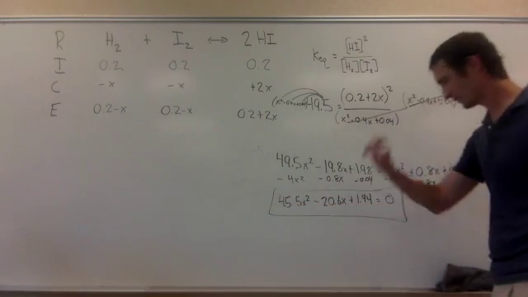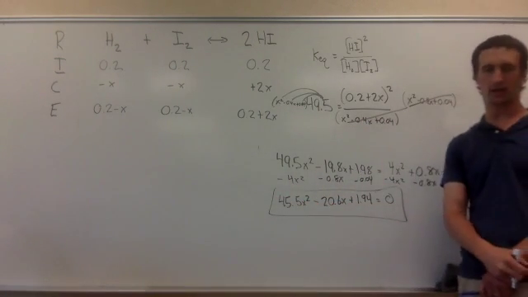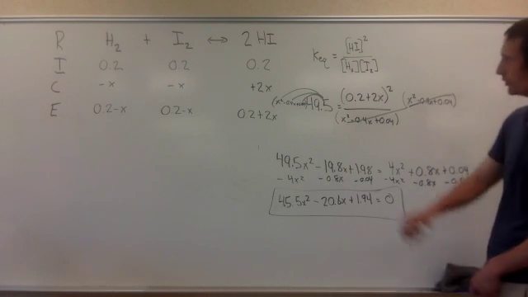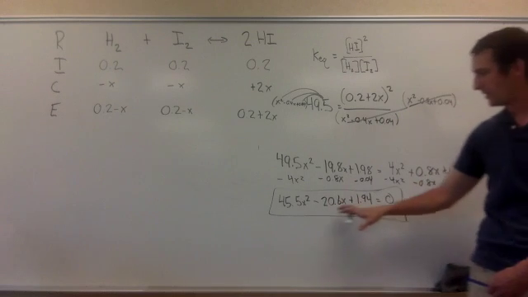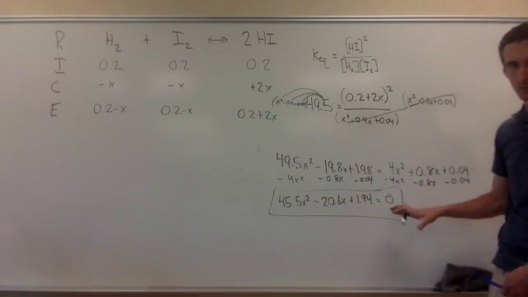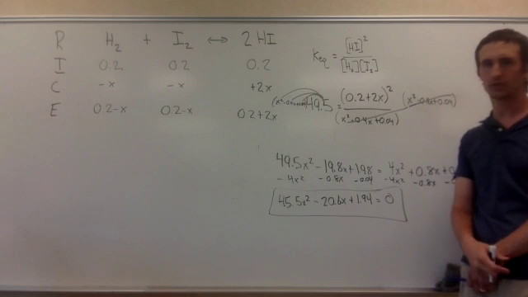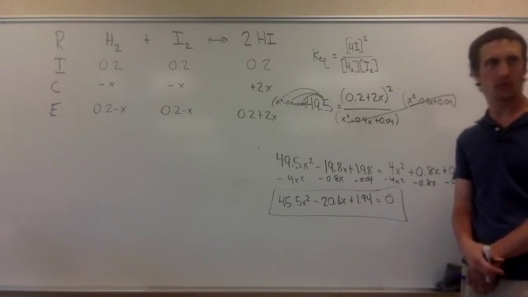Here is your quadratic, right? If you did all your math right, and you end up with this quadratic, you solve and find your zeros. There's more than one way to do that.